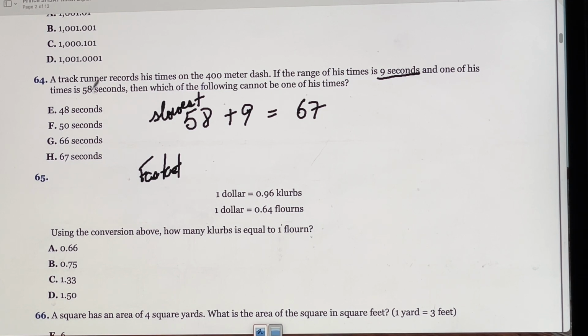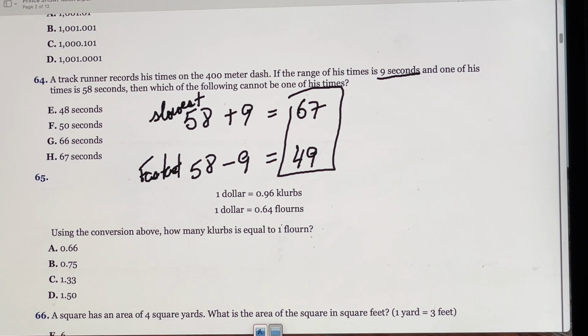Let's assume 58 is his fastest time. If 58 is his fastest time, well, in this case we subtract 9, right? Because we want to find the slowest time. And if 58 was his fastest time, we subtract 9, that means that his slowest time was 49.